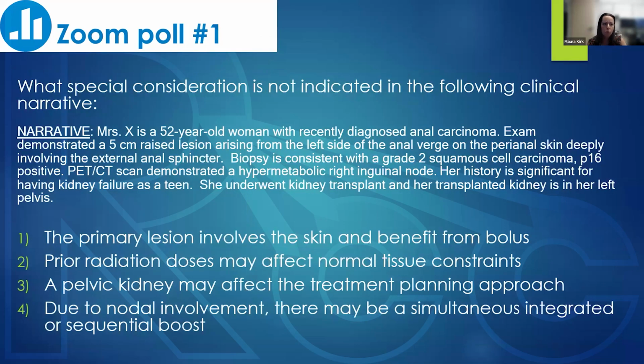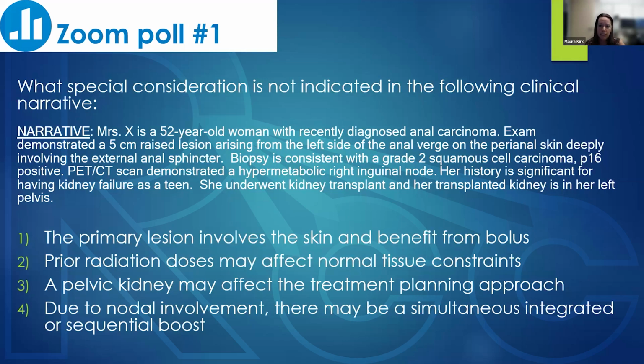Okay, so in our first Zoom poll, I'm going to ask what special consideration is not indicated. So here we just have a short clinical description that you might receive from a physician. Mrs. X is a 52-year-old woman. She was recently diagnosed with anal carcinoma. An exam demonstrated a 5 cm raised lesion arising from the left side of the anal verge on the perianal skin, deeply involving the external anal sphincter.